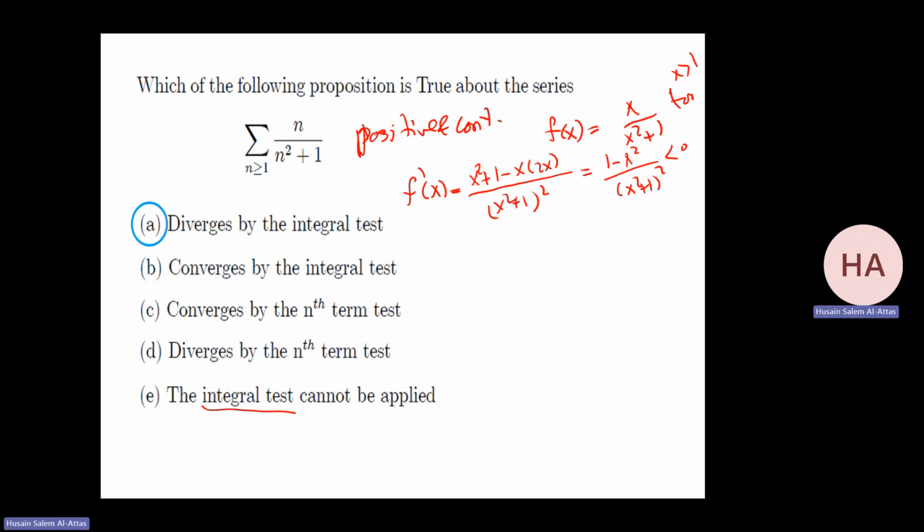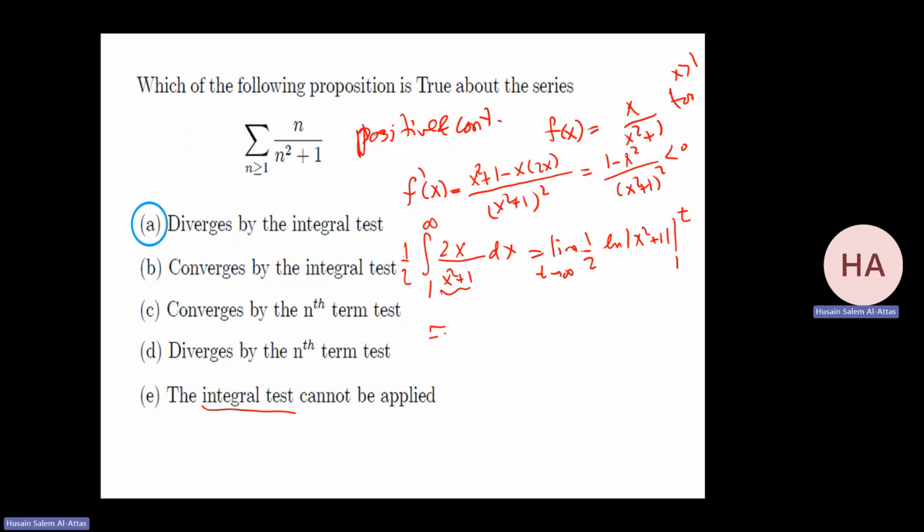So I need to check the integral from 1 to infinity of x over x squared plus 1 dx, which is very clear. This is half, this is u du. We have half ln of x squared plus 1 from 1 to t.